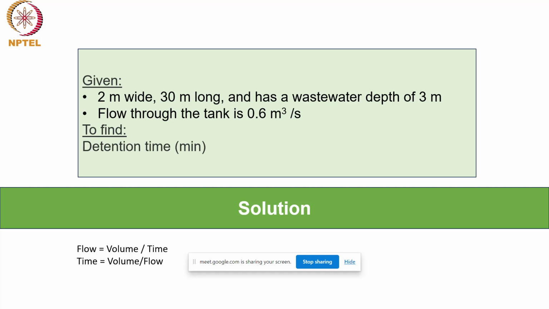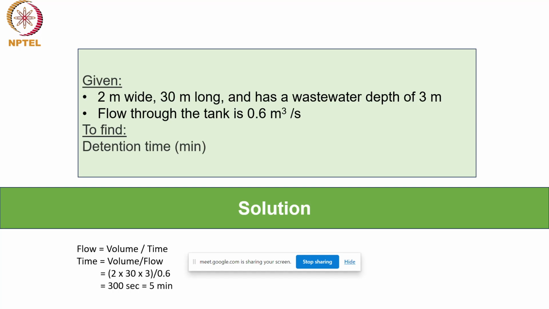Time is equal to volume divided by flow, from the formula, since we have to find the time. So the volume will be 2 into 30 into 3, which is LBH, divided by flow. The flow given here is 0.6 meter cube per second.